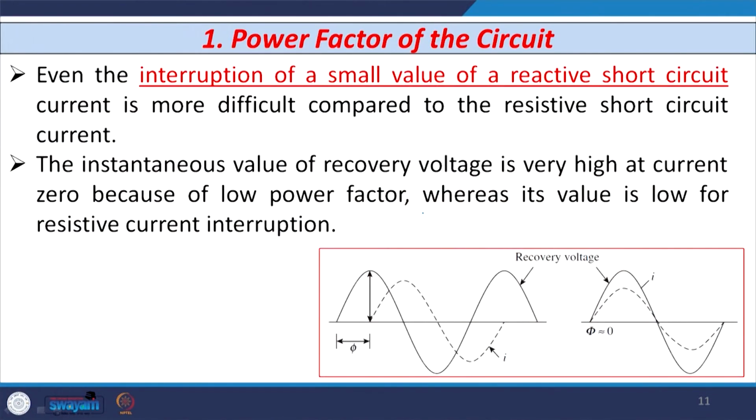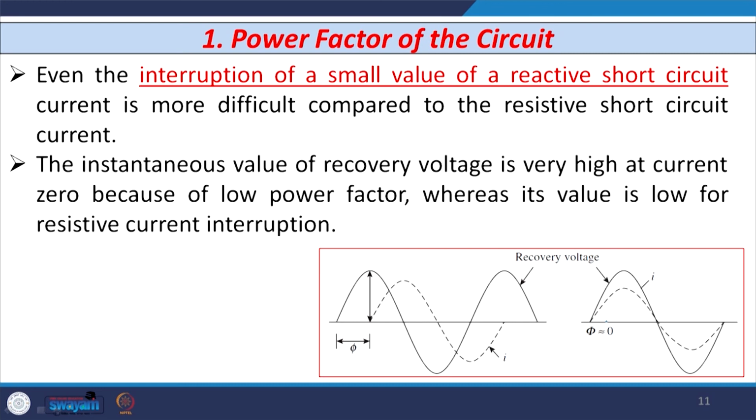That means, in the first case, the interruption of reactive short circuit current whose magnitude is lower than some value x, and on the other side, case B, the interruption of resistive short circuit current whose magnitude is higher than the previous one, it is still very difficult to interrupt such small magnitude reactive or inductive short circuit current; that is more severe. The instantaneous value of recovery voltage is very high at current zero because of low power factor, whereas its value is low for resistive current interruption.